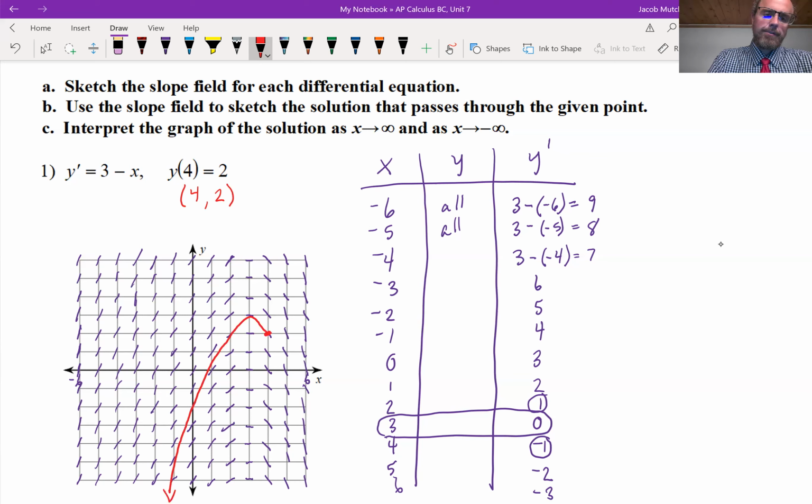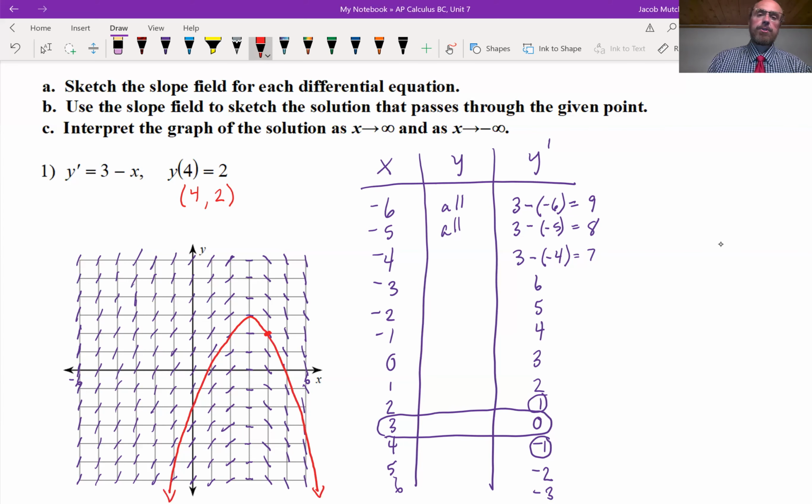Same pattern continues here on the right. So definitely what we're looking at for our particular solution is a parabola, some kind of quadratic function. And that completes my second task, which is just to sketch the particular solution given by the initial conditions there.